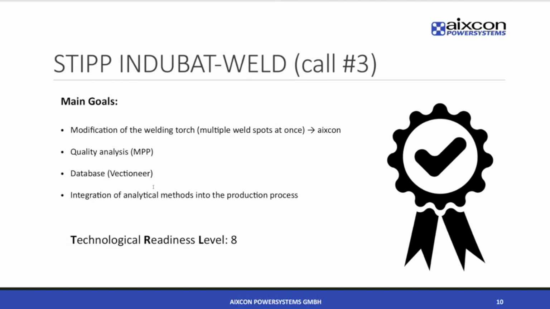We will then match the data from, let's say, the image. So we will have an image of the welding spot, and MPP will then do testings with the battery, and then we will bring those data together and try to create a method to say, okay, if a welding spot looks like this, it's very probable that the quality is also okay.